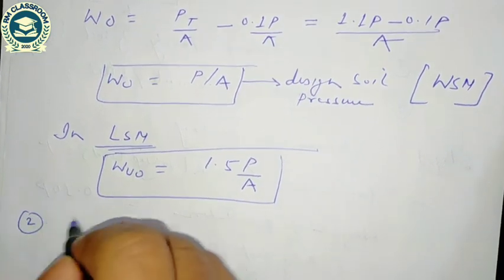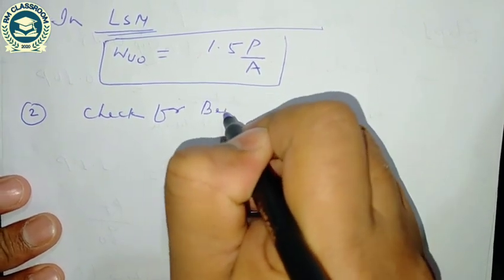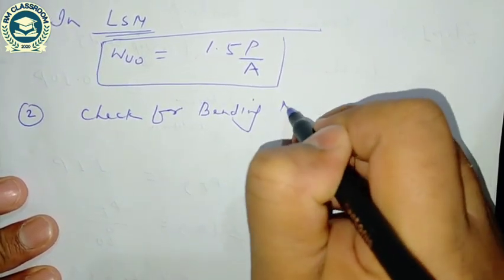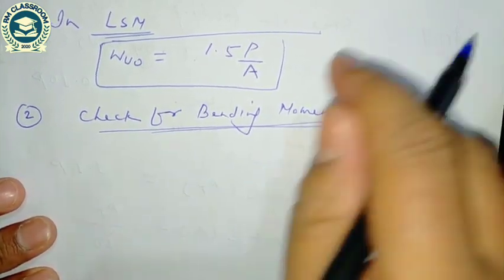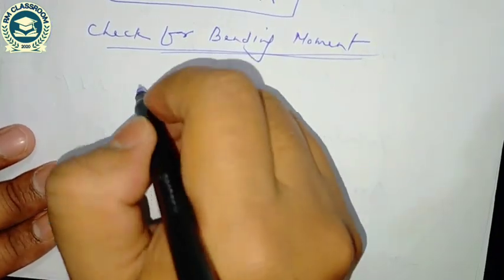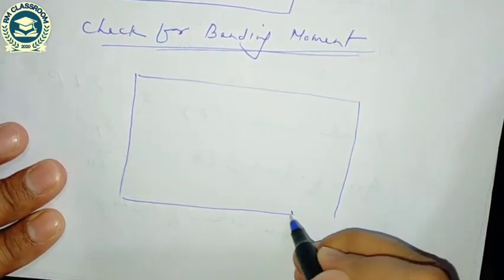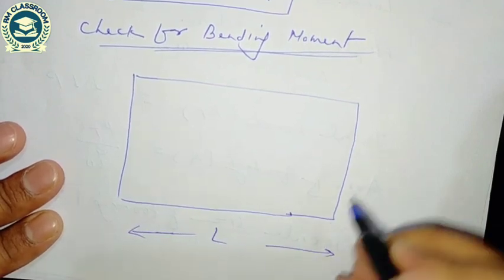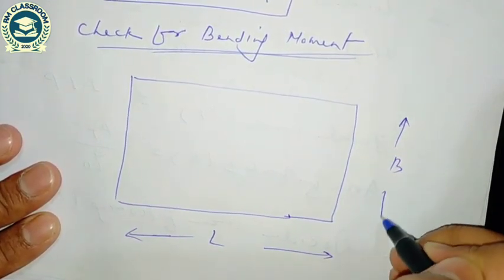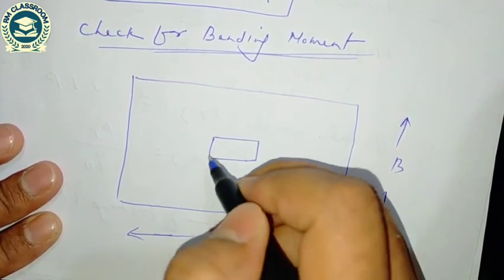The second step is to check for bending moment. In the design for bending moment, once we have decided the size of footing, let us assume this is L and this one is B, and the size of column is already given.